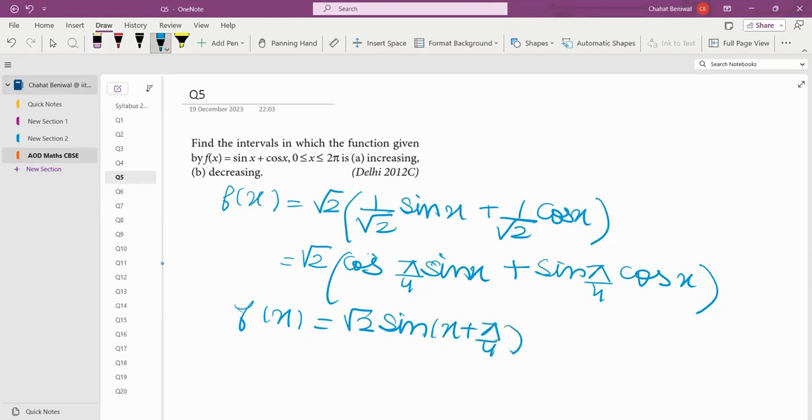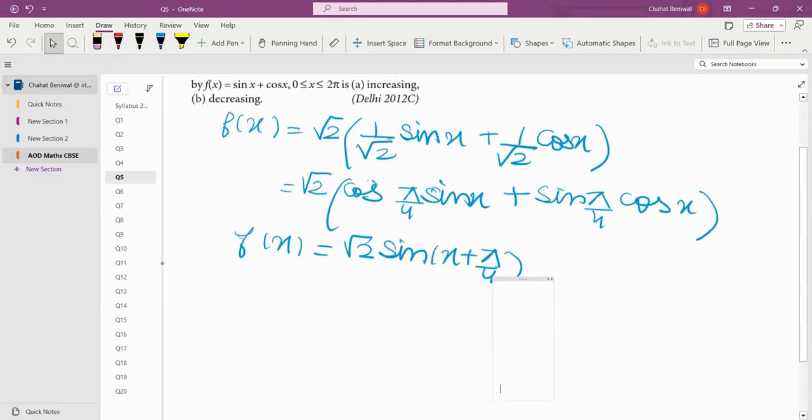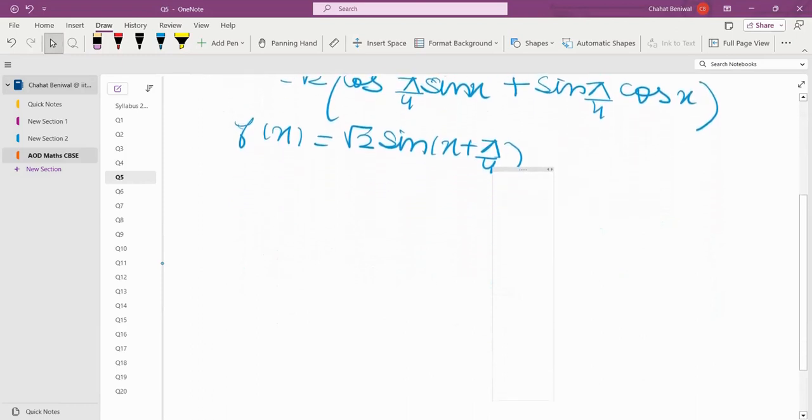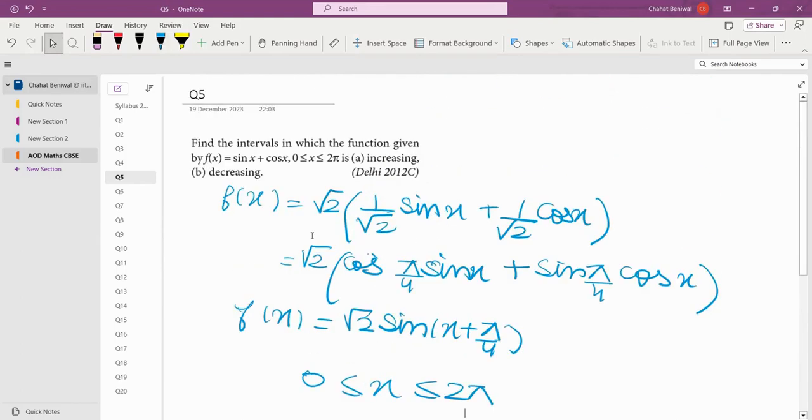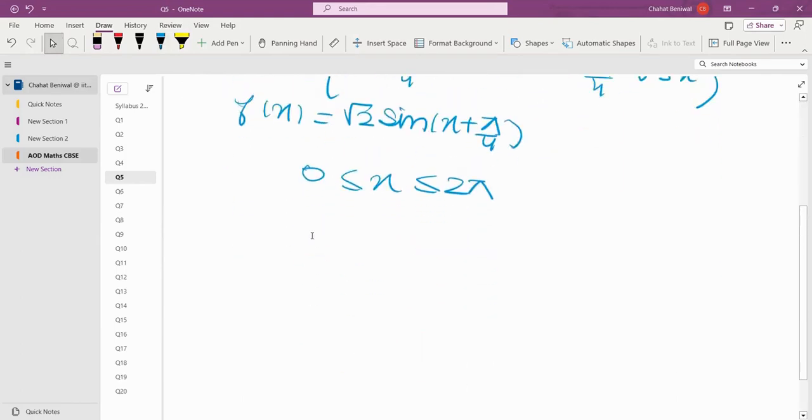So now we need to work on this function in the interval 0 to 2 pi. So x is from 0 till 2 pi when we define the function. We'll add pi by 4 on both sides, so x plus pi by 4 is going to go from here to here.